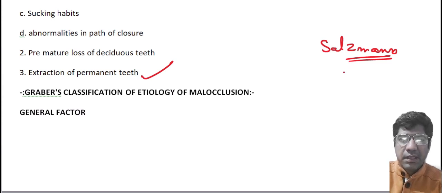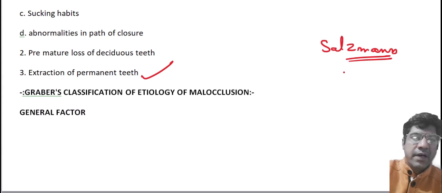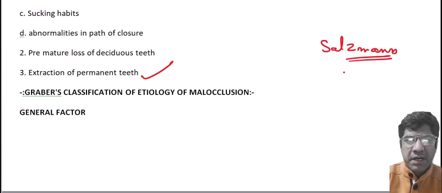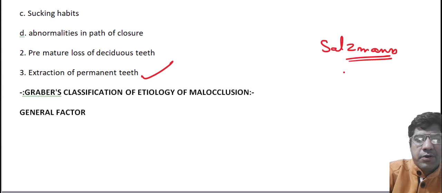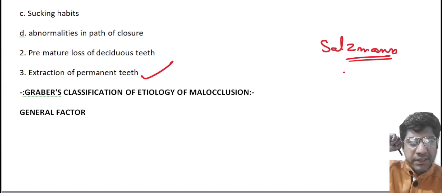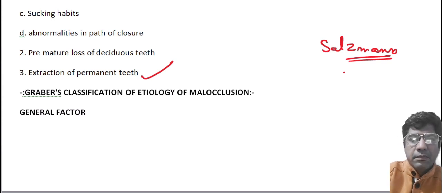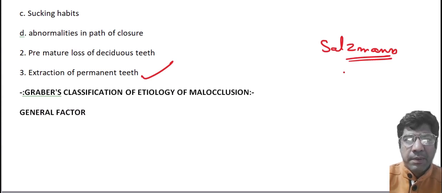The functional factors include the general functional factors that could be endocrine disturbances, neurotropic disturbances, nutrition deficiency, etc., or local functional factors like loss of teeth due to failure of the proximal contact between teeth, disturbance in TMJ articulation, hyperactivity of masticatory muscles, trauma, all are the local functional factors. The environmental factors could be either local environmental factors.